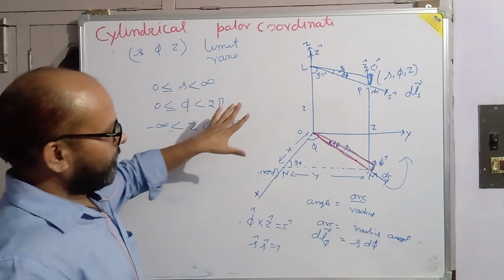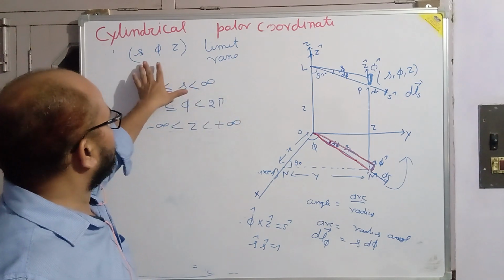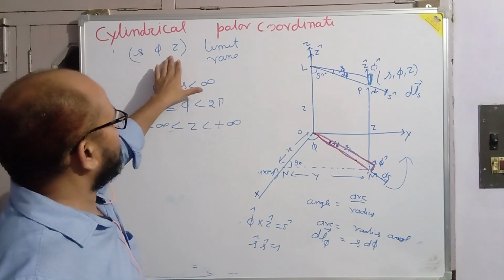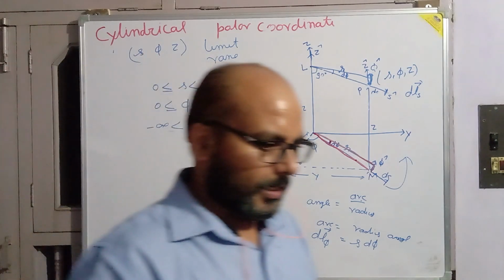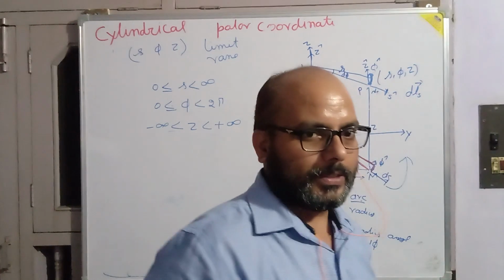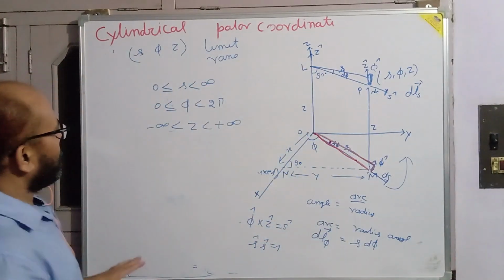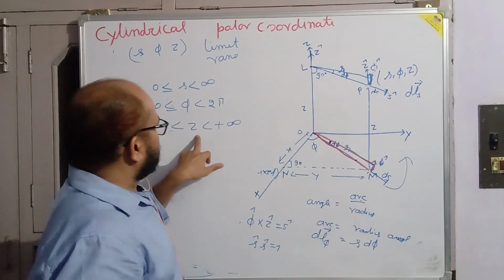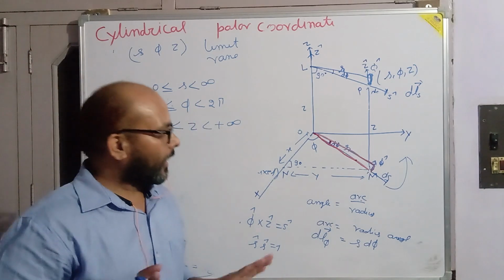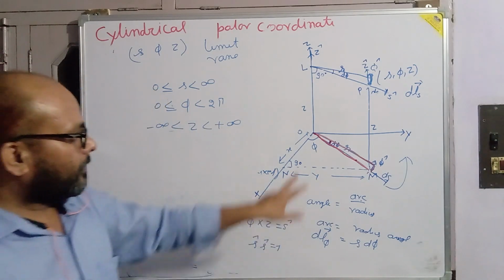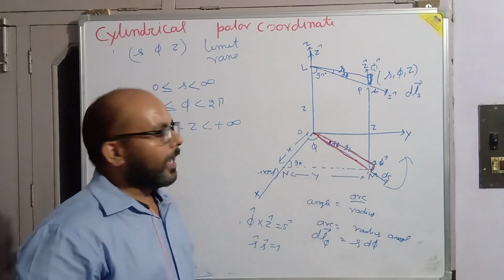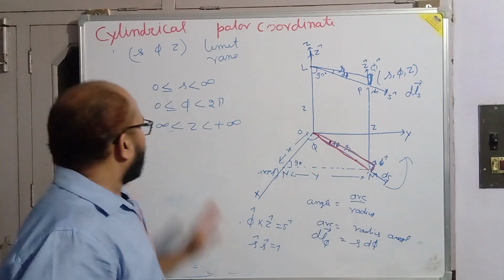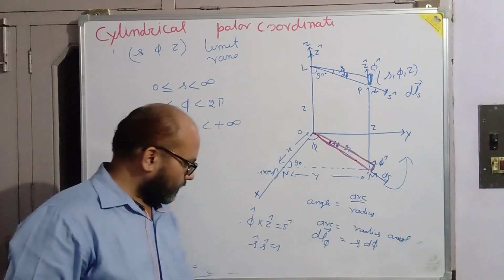Again I repeat the coordinate variables s, phi, z. So s is the radius of the cylinder passing through the point P, and phi is the azimuthal angle measured between the projection and the x-axis, and z is the z direction.